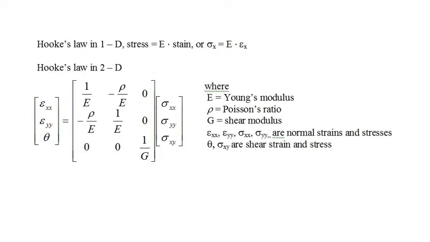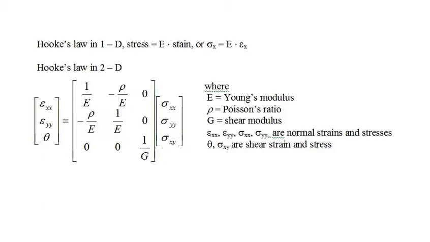Hooke's law in 2D relates stress and strain. We will define the notation precisely in slides that follow. For now, we can informally say that sigma xx is normal stress in the x direction, sigma yy is normal stress in the y direction, and sigma xy is shear stress.